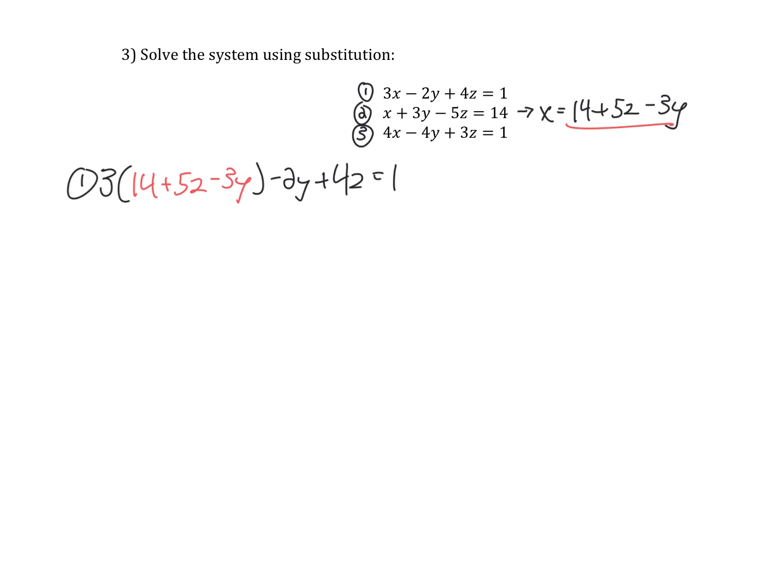Now be very careful when you simplify this, because even a simple addition error can really screw up everything. We get 42 plus 15z minus 9y minus 2y plus 4z equals 1. And then I get negative 11y plus 19z equals negative 41.